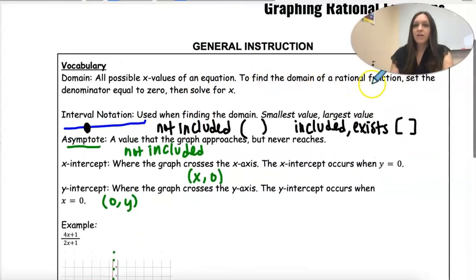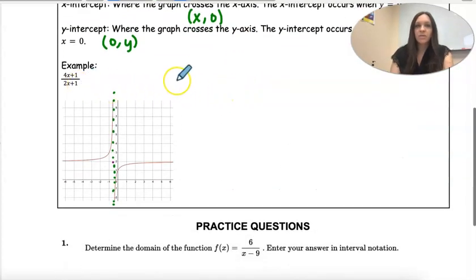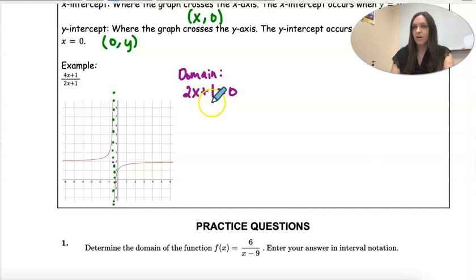Okay, so to find the domain of a rational function, set the denominator equal to 0, then solve for x. So domain, I'm going to take the denominator, 2x plus 1, set it equal to 0, and now we solve. So minus 1, minus 1. 2x equals negative 1.